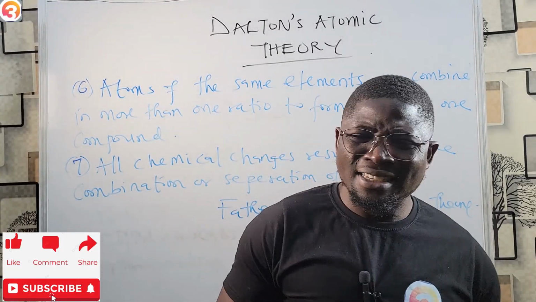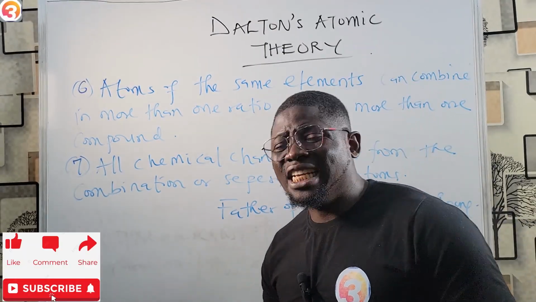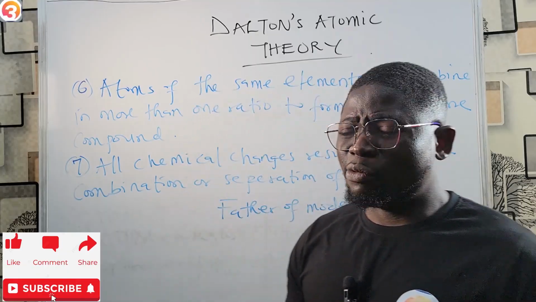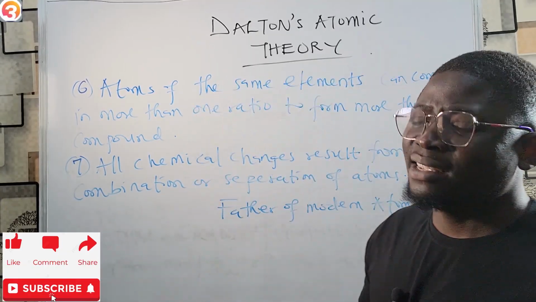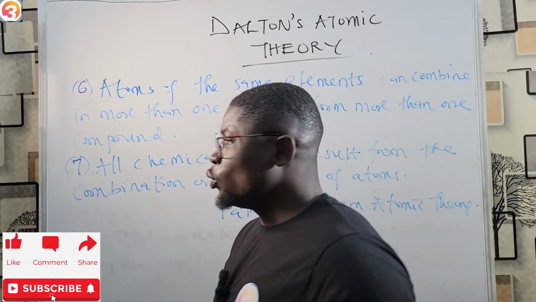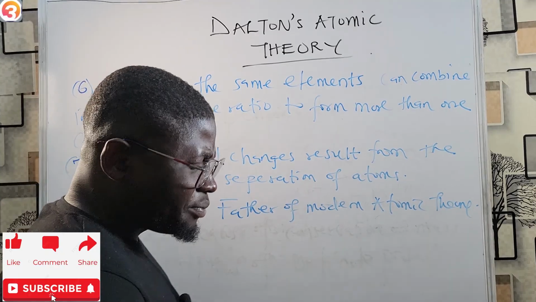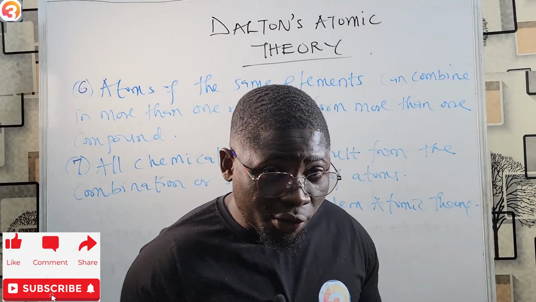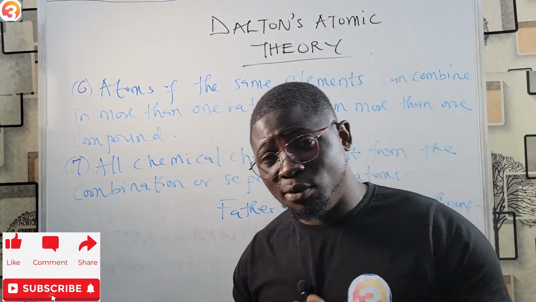So despite the success of the postulates of John Dalton, there were some drawbacks. There were some modifications that were made by later scientists. We're now going to look at the modifications. Because of time, I will not write the theory on the board again, because it is from this theory we are going to list the modifications.